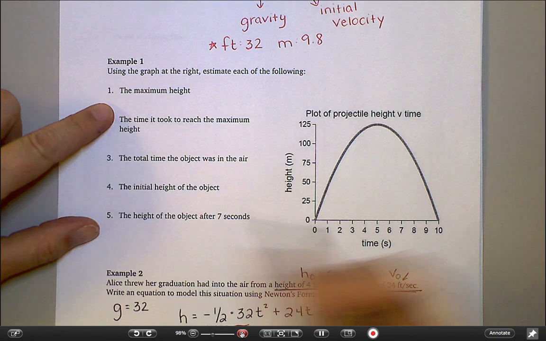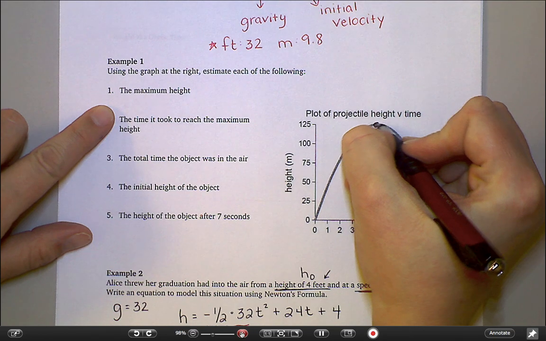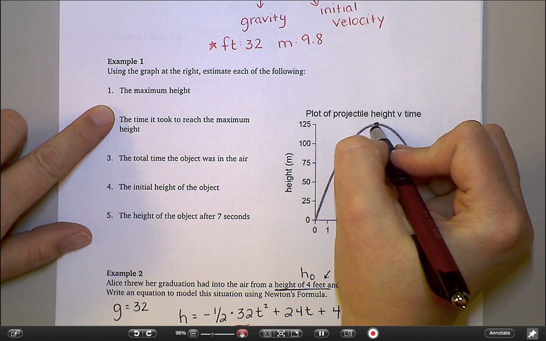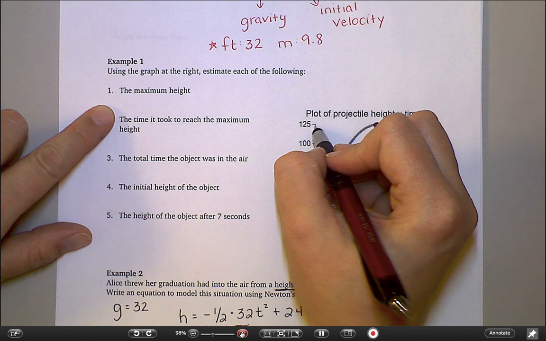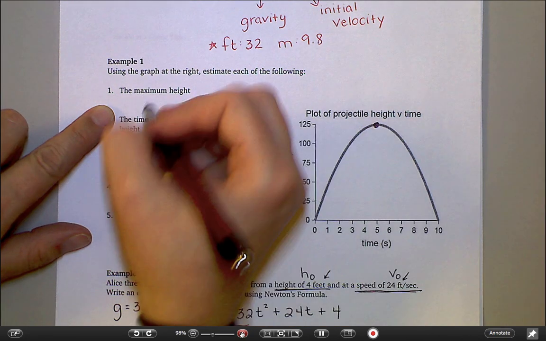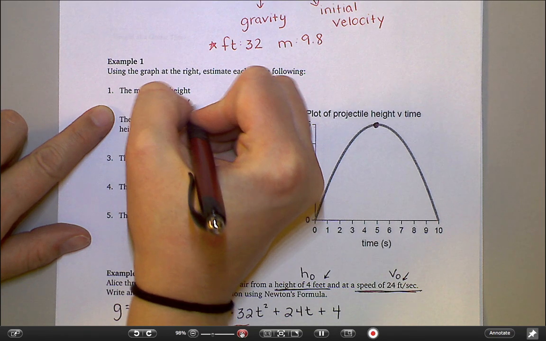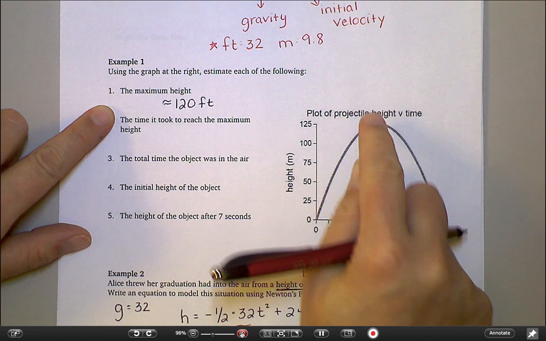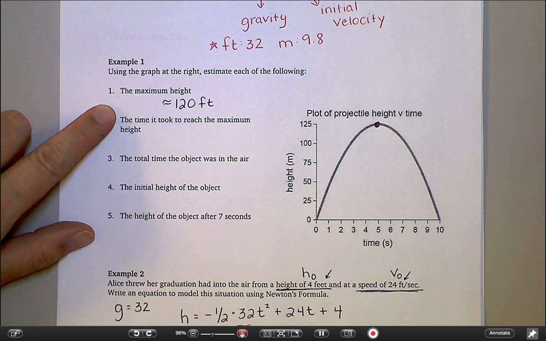So for example, the maximum height, this point right here represents the maximum, okay? And so if we're reading height, we would read straight across. Gosh, it's just below 125, I think. So I don't know, maybe about 120. This is an estimation, okay? As long as you know to read it from this side, and honestly, even if you said that was exactly 125, that'd be okay with me.